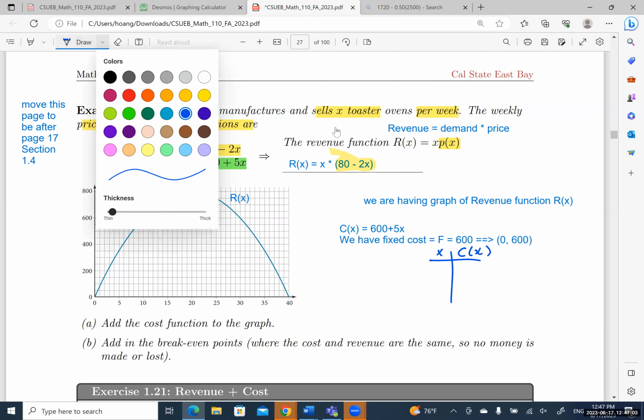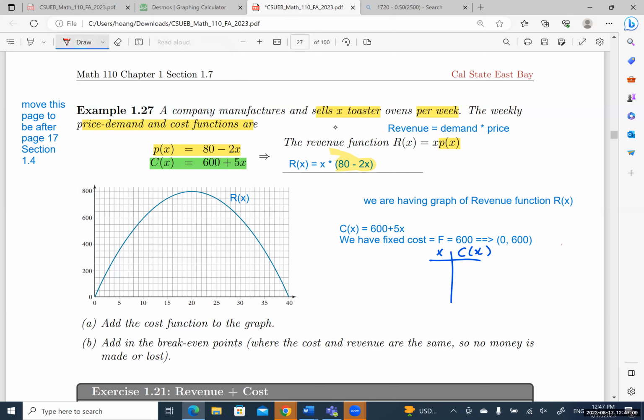I'm going to use red color for that. So x was 0, which makes 600 for the cost function, right? And let's choose 40 here. If I have 40 items, how much do I have to pay for the cost? So you substitute C of 40.